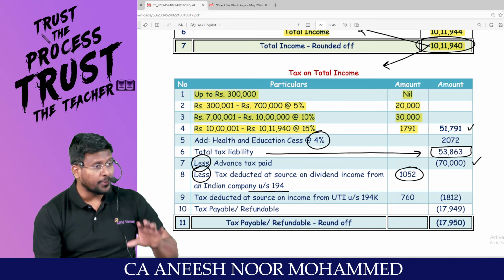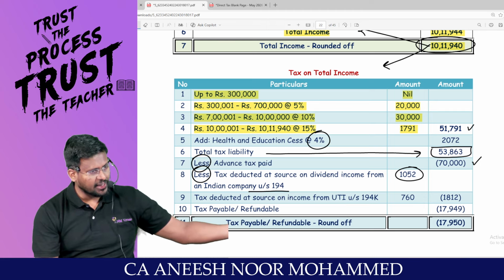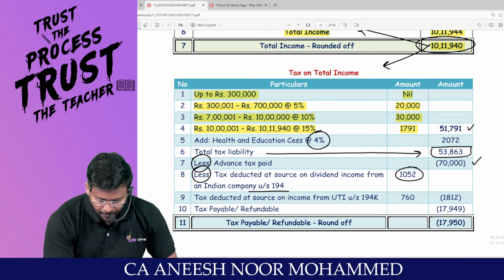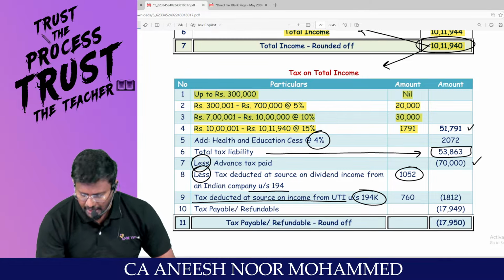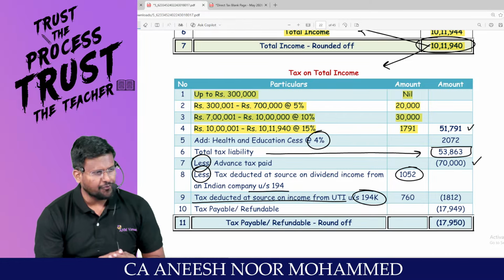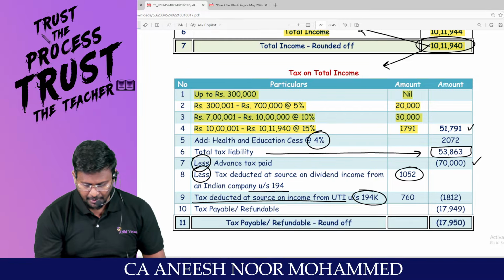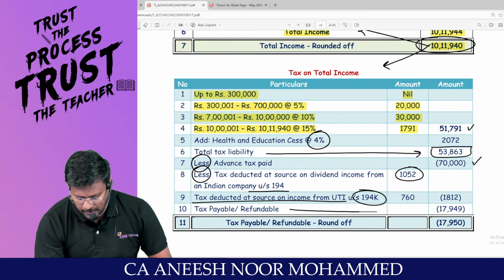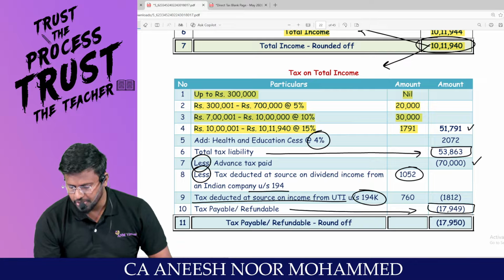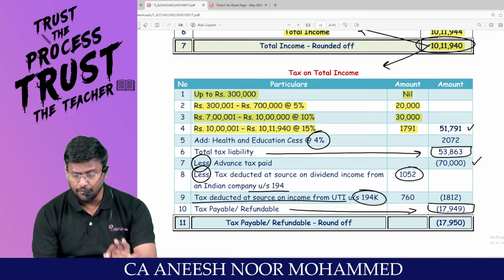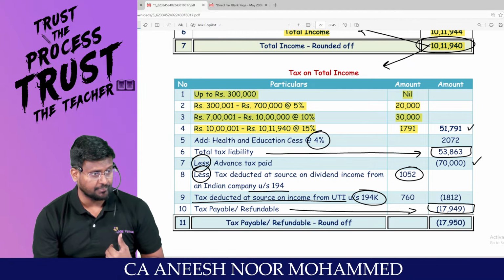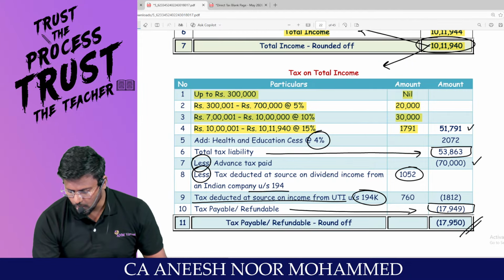Sir, we are assuming that they would have deducted the TDS 10%. Less 194K on the dividend from UTI, they would have deducted 10%. So tax payable or refundable comes to 17,949 refundable. Round off 17,940.